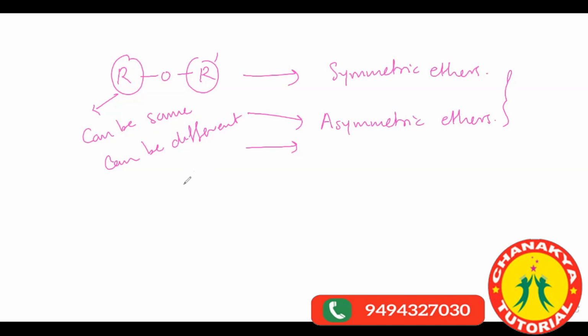For example, if it is CH3OCH3, it will be symmetric ether. If it is CH3OC2H5, it is asymmetric ether or unsymmetric ether. Clear? The two groups attached adjacent to oxygen will decide whether it is symmetric or unsymmetric. Clear?